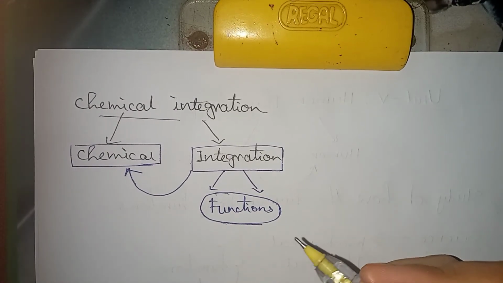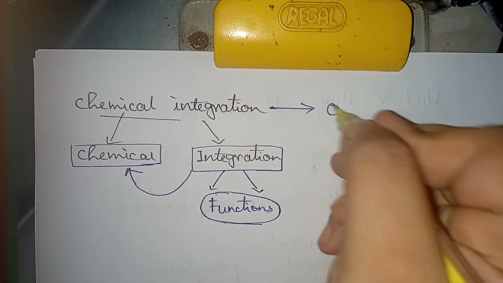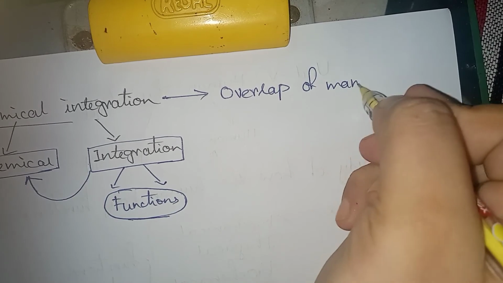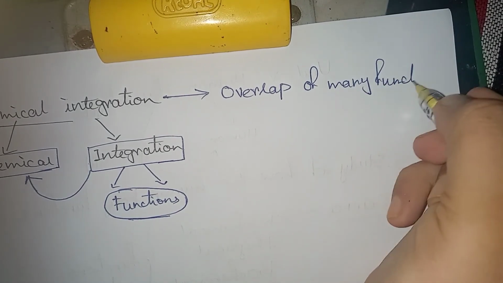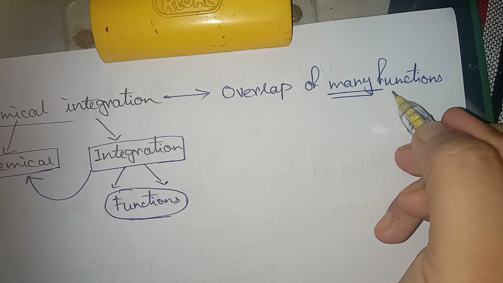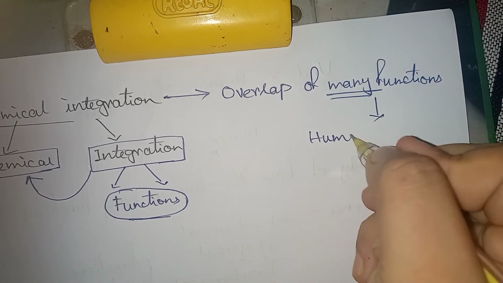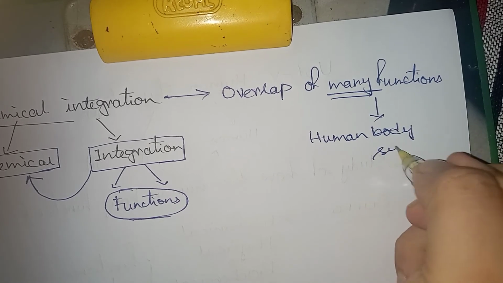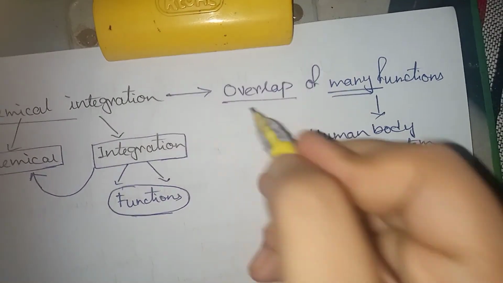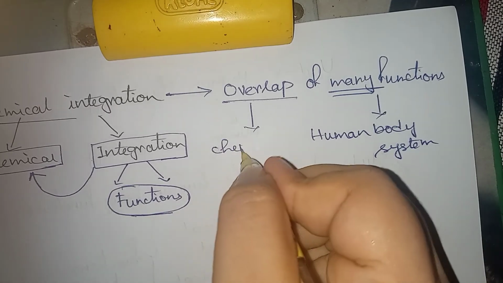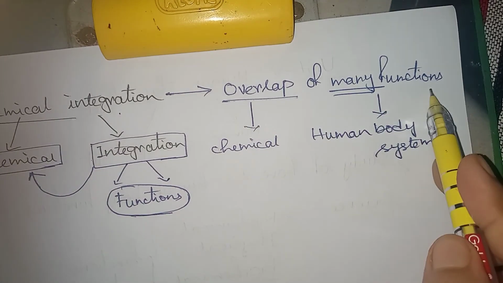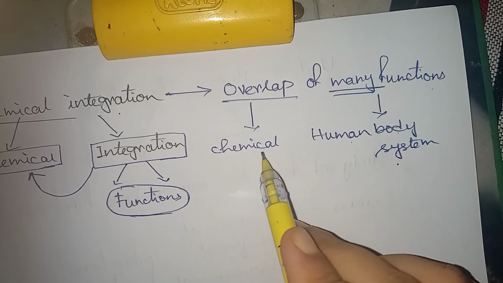Let us know the definition. Chemical integration is the overlap of many functions of the human body system, and this overlap is achieved by the presence of a specific chemical.